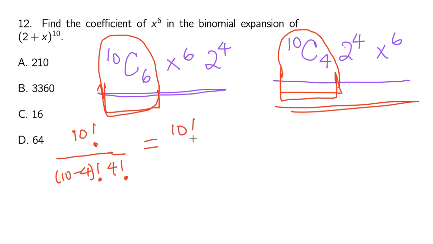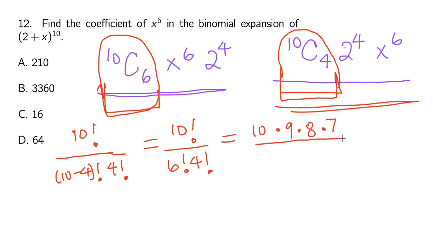Well, 10 factorial over 6 factorial, 4 factorial. It's equal to 10 times 9 times 8 times 7 over 4 factorial. We could write that as 4 times 3 times 2 times 1, but I don't want to. 4 factorial equals 24. And we know that 9 times 8 is 72, and 24 divides 72 to give 3.